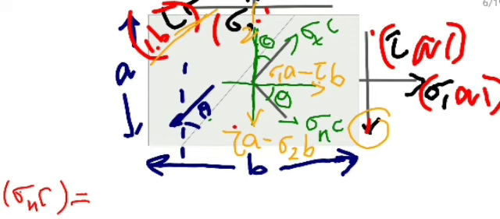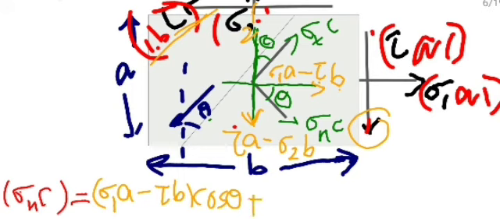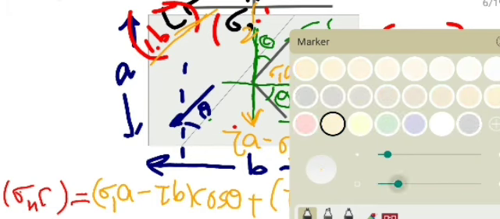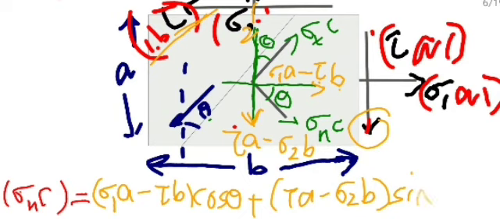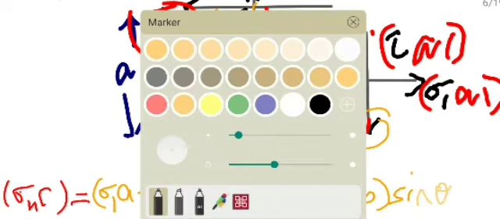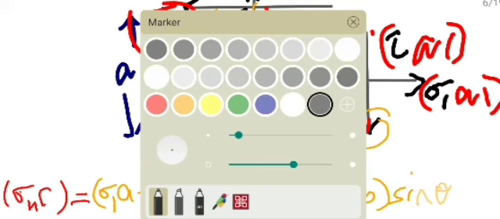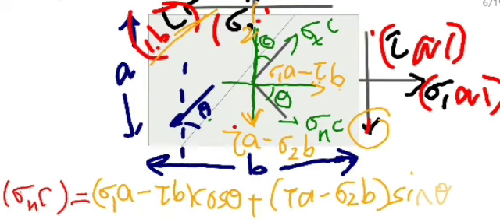So sigma n times c is equal to sigma 1 a minus tau b times cos theta, and this one also plus tau a minus sigma 2 b times sin theta.